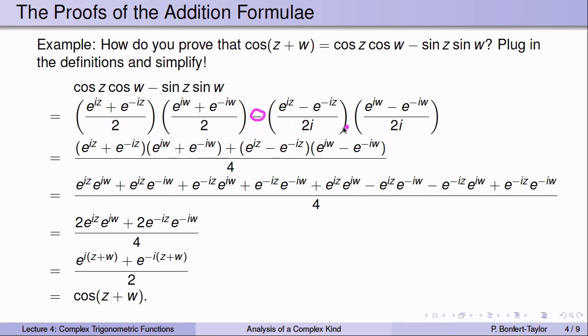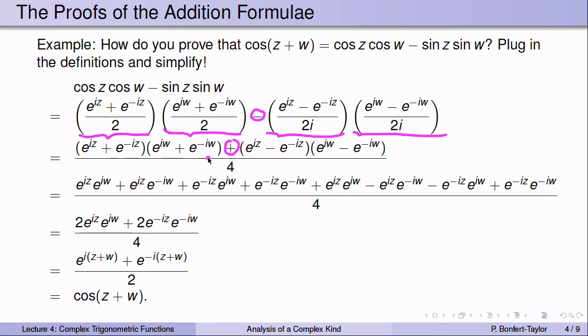So the common denominator for these products of fractions is 4. And the numerators are e to the iz plus e to the minus iz. That's from this term right there. Then e to the iw plus e to the minus iw. And now I have a plus. Remember from the i squared and this negative sign? Then I have this term and finally this term.